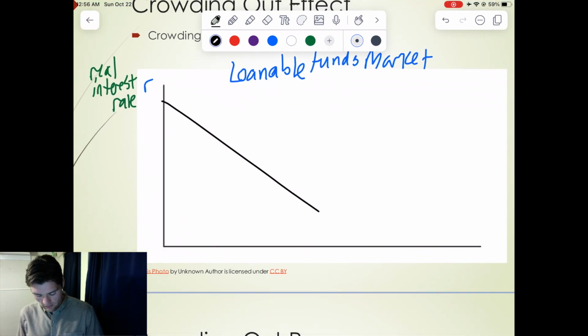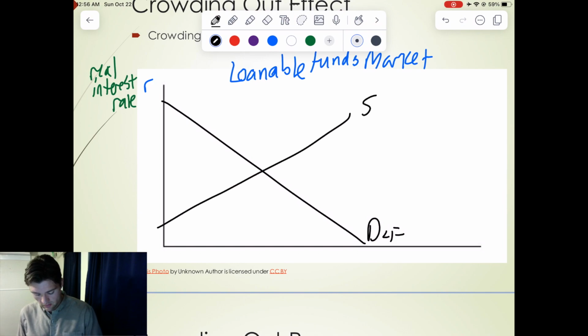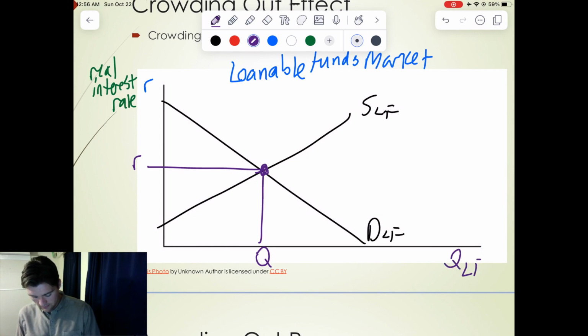Alrighty, and then we have a demand for loanable funds. We have a supply of loanable funds. And we have a real interest rate and a quantity. And this is the quantity of loanable funds.